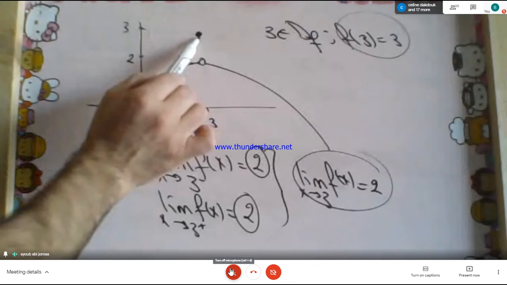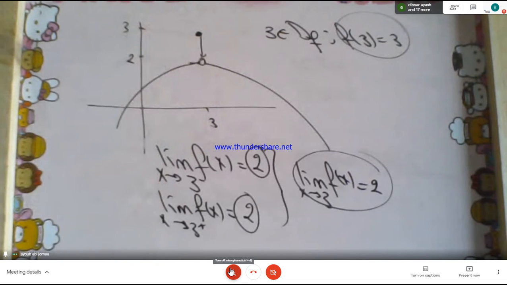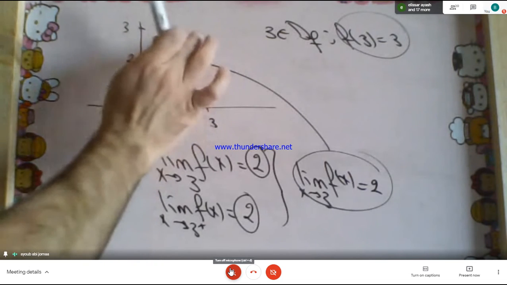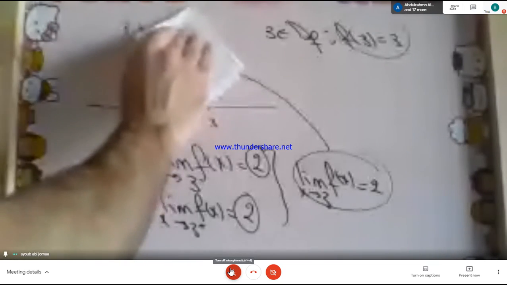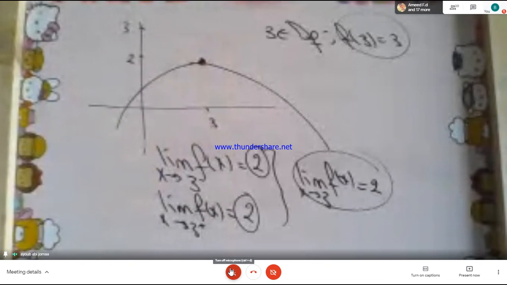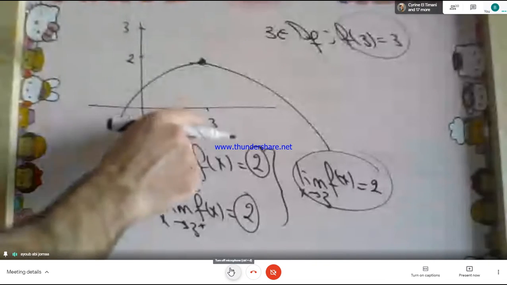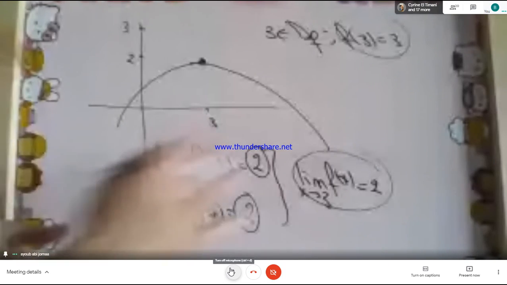يعني, if this point, نزلناها لهون، لو هالبوينت محيناها حطيناها هون. Will the function be continuous now? Yes. In this case, what is f of 3? 2.